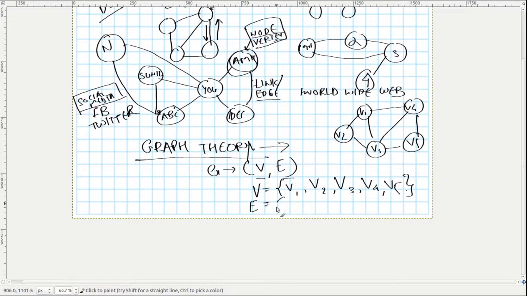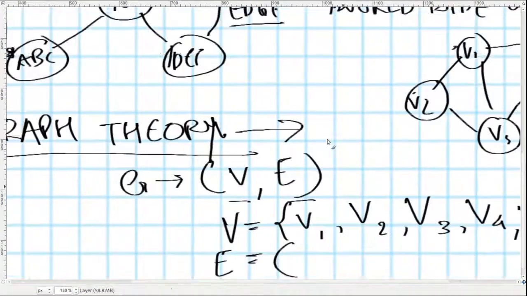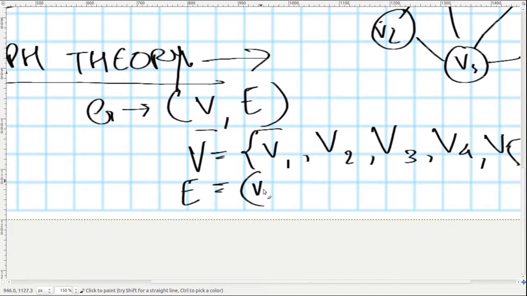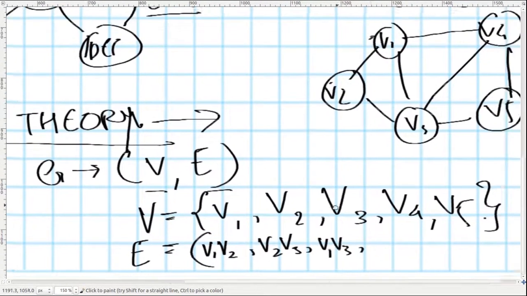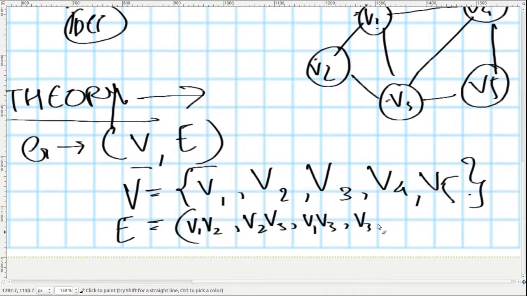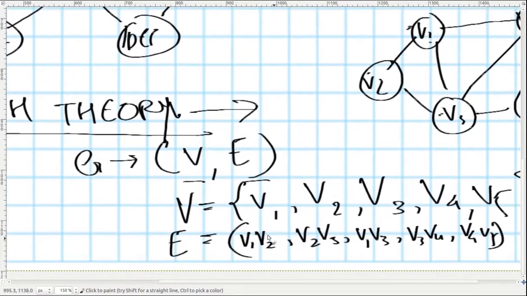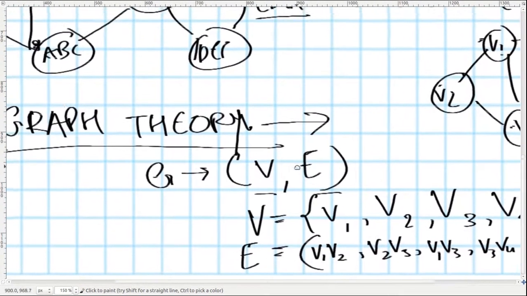To represent E, we use the connections. So v1 v2 is an edge, v2 v3 is an edge, v1 v3 is an edge, v3 v4 is an edge, and v4 v5, and that's it. So this is how we present vertices and edges. So this is what graph theory is.